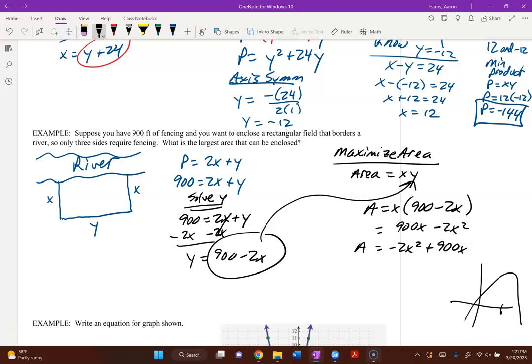And I can find the x value that maximizes this if I find my axis of symmetry. So x equals negative b over 2a. So negative 900 over negative 4 ends up being 225. So we want to have this x be 225.